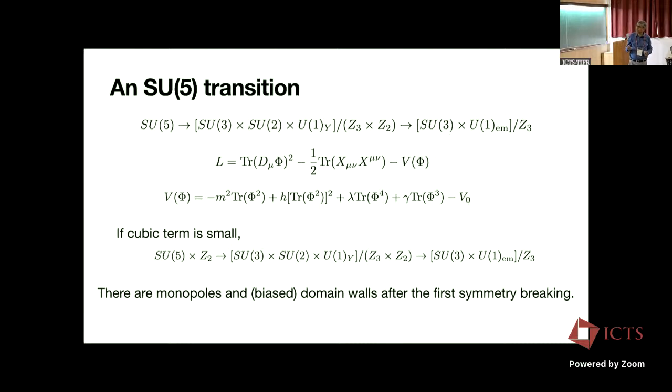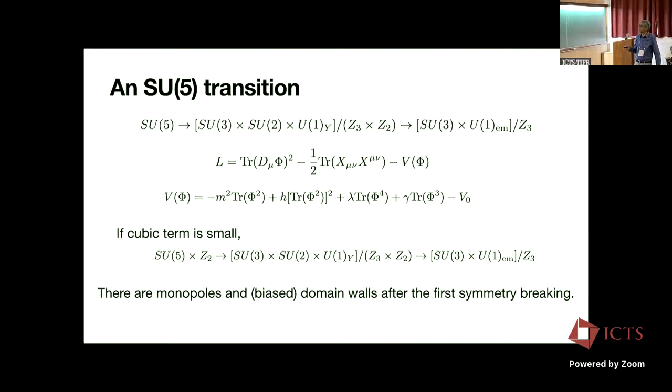So now I'll come back to the grand unified case and connect a little bit with the first lecture. The SU5 grand unified model is where SU5 breaks to 3, 2, 1, and then there are discrete factors, and then the SU2 cross U1 breaks to SU3 cross U1 electromagnetism. The Lagrangian, or the bosonic part, is just what we've written earlier, and the potential can have many terms.